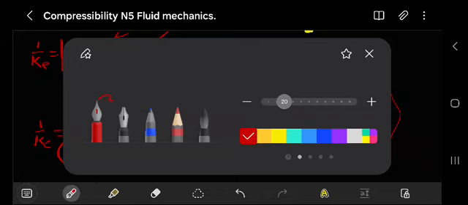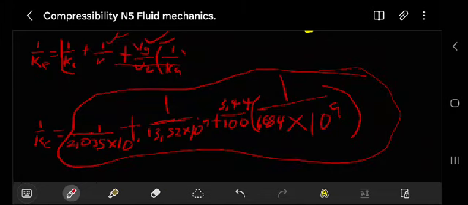Remember it's 1 over 2.035 times 10 to the power 9, plus 1 over 3.52 times 10 power 9, plus 3.44 over 100 into 1 over 1.684 times 10 to the power 9.